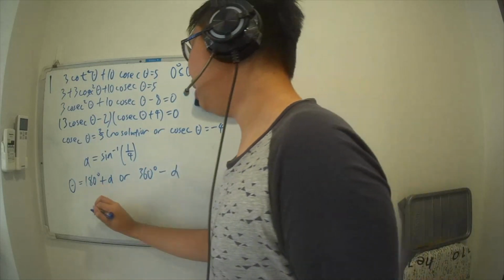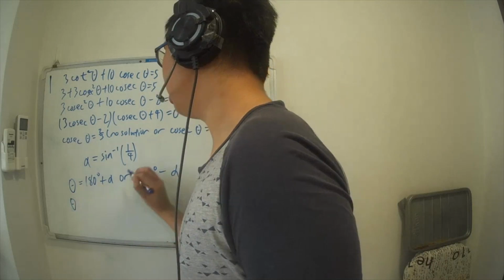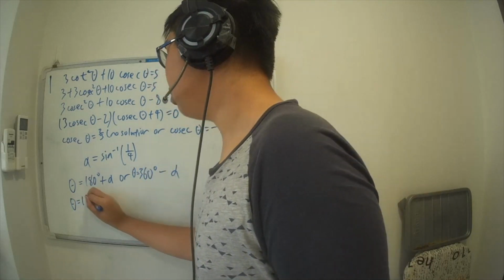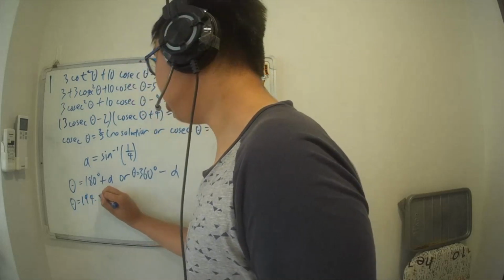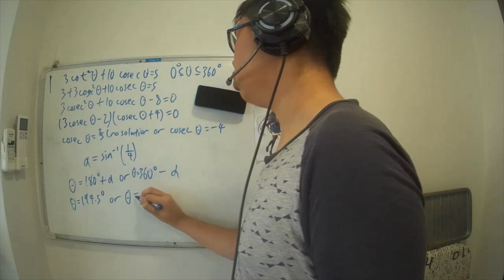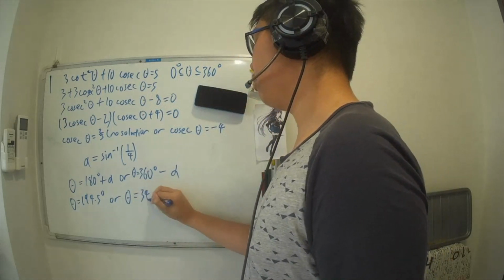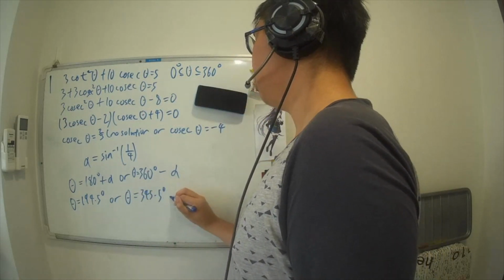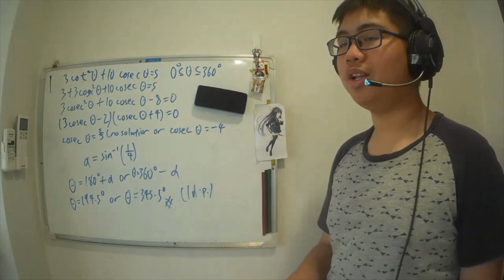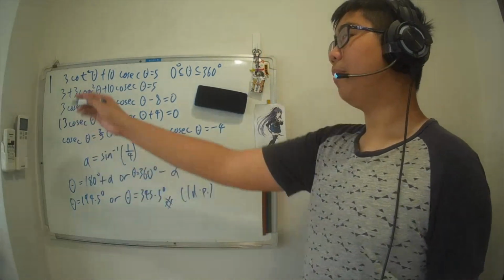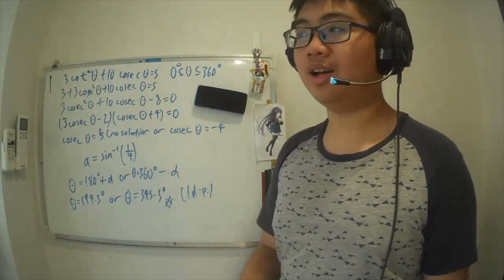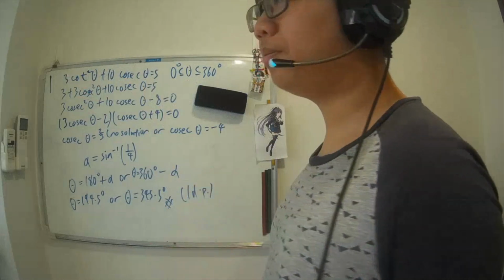If you work this out, theta is equal to 194.5 degrees, or theta is equal to 345.5 degrees. These are 1 dp. Okay, so question 1, you just need to apply the identity for cot squared theta, then you should be good to go.